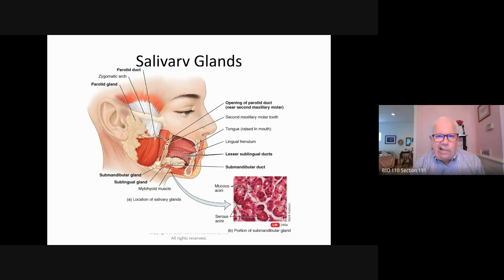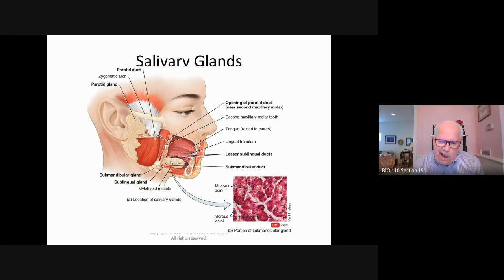So if you eat pasta and such like that, you'll start digesting that immediately in your mouth. The word lipase is an enzyme that digests fat or lipids. So lipase digests lipids, amylase digests carbohydrates.